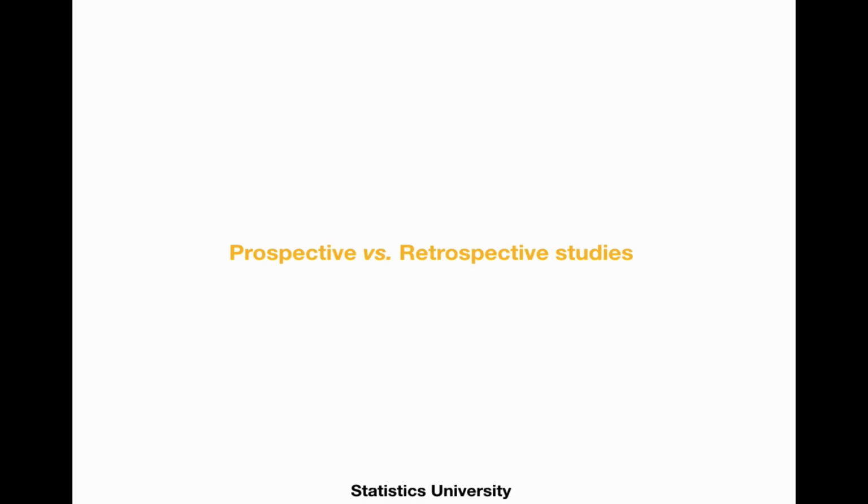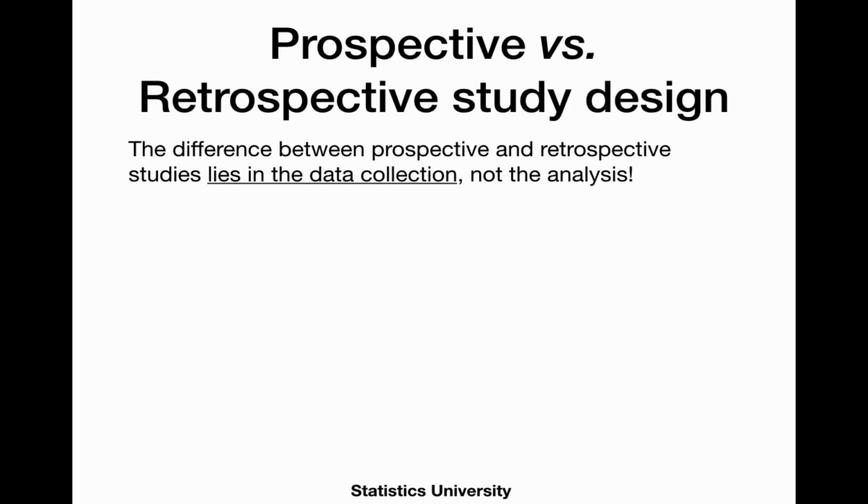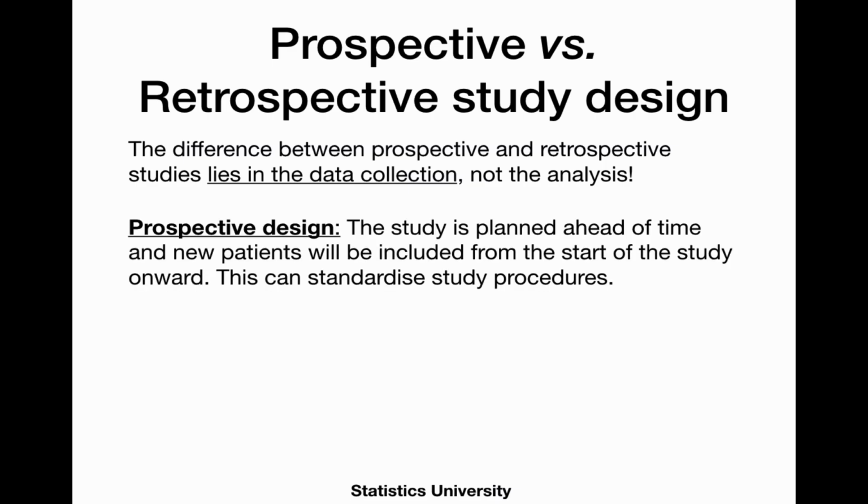Now, we can distinguish prospective and retrospective studies. And this difference lies in the data collection and not the analysis. So in a prospective design, the study is planned ahead of time and new patients will be included from the start of the study. And this means that you can standardize all study procedures.